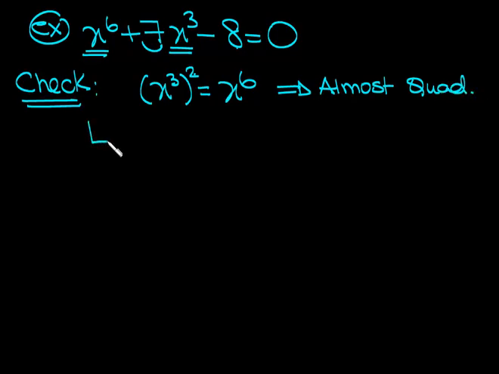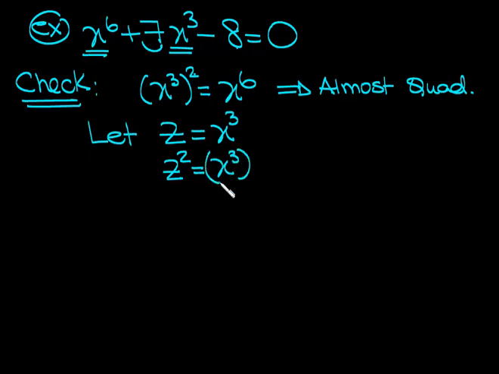So let's make a substitution. We can let z be equal to the middle term variable, so it'll be x cubed. And then I'm going to square both sides, so I get z squared is equal to x to the 3 squared, which is x to the 6. Now why did I do that? The reason is that this tells me that in my problem I can replace x to the 6 with z squared and x cubed with z.